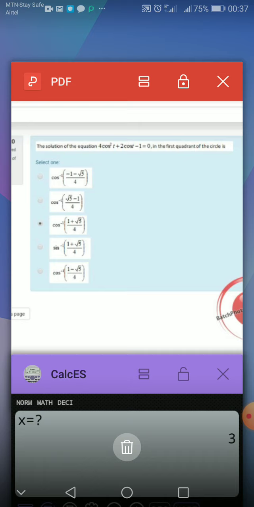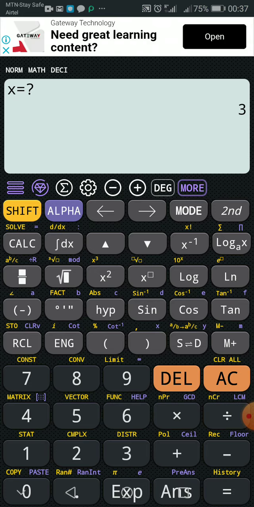0 is the answer. So the first one says cos inverse of -1 minus root 5 over 4. So I'll press shift cos, minus 1 minus root 5. Okay, everything all over 4. Okay, and I close the bracket.